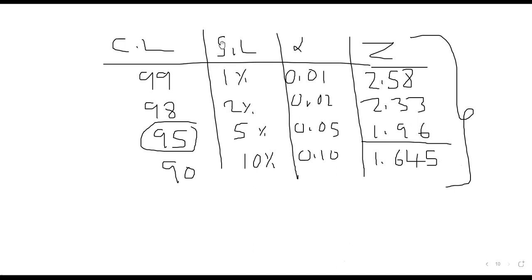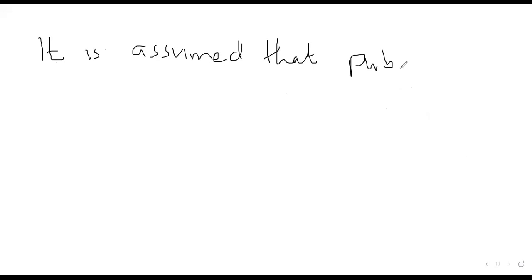So we can look at another question on hypothesis testing. The question says, it is assumed that public workers get 5,000.